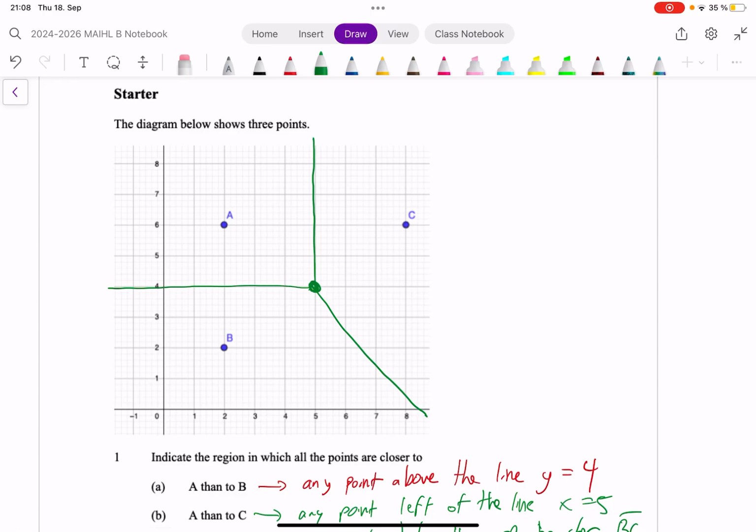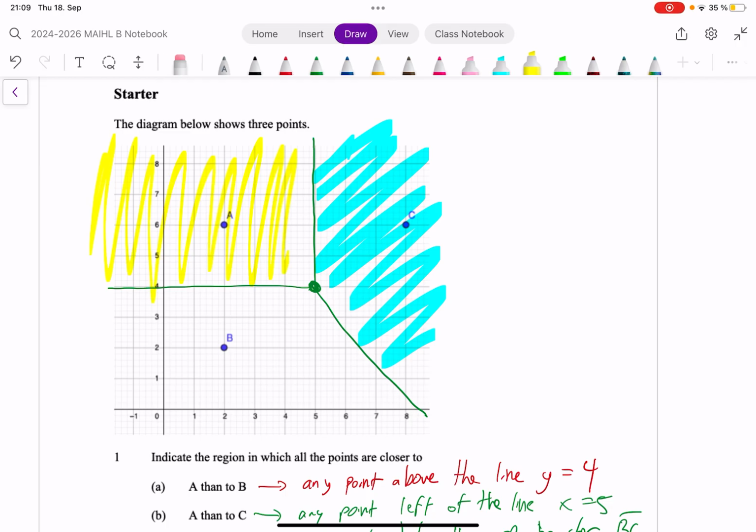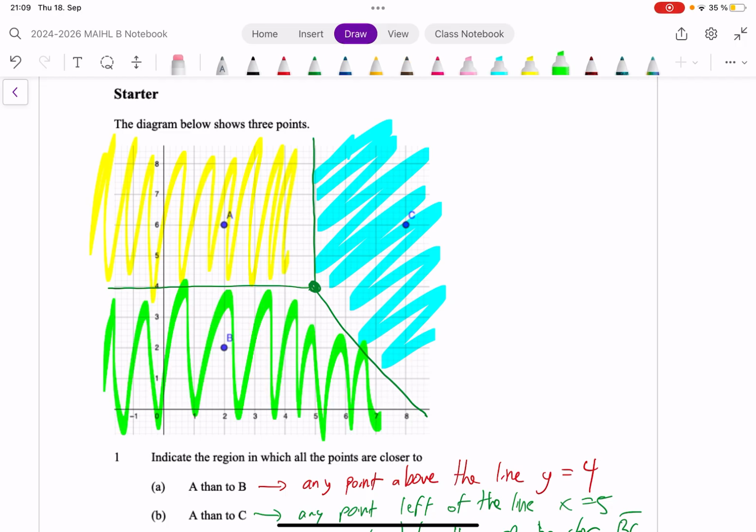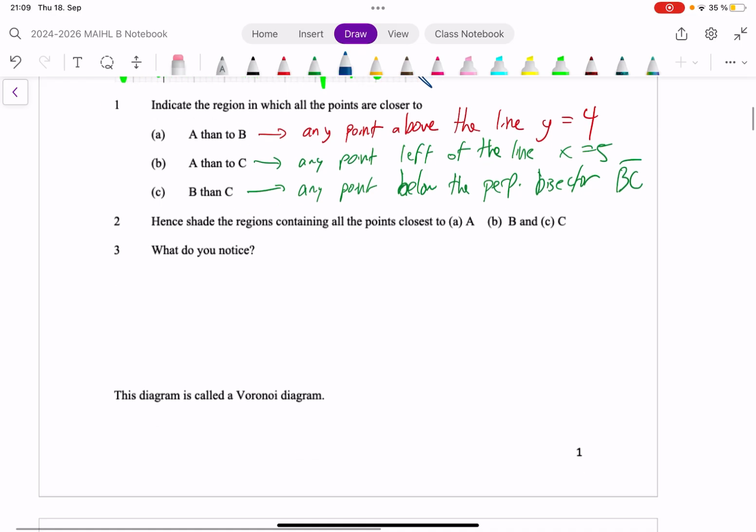And so we can see that anything that's over here is closer to C. Anything that's over here is closer to A. And anything that's down here is closer to B. Right? Anything that happens on these lines that are creating these boundaries is equidistant from the points that it's closest to.